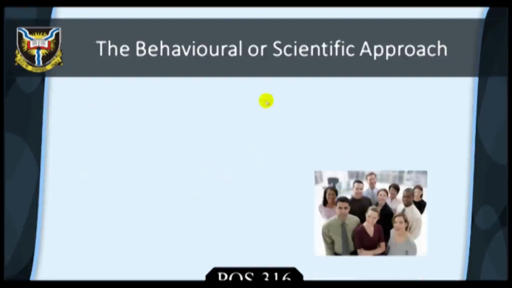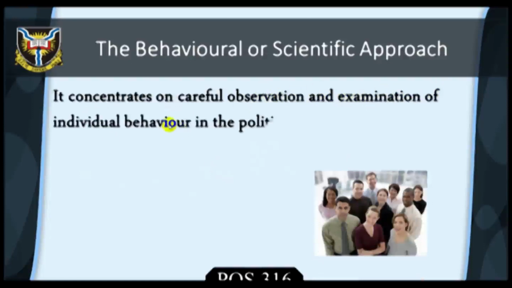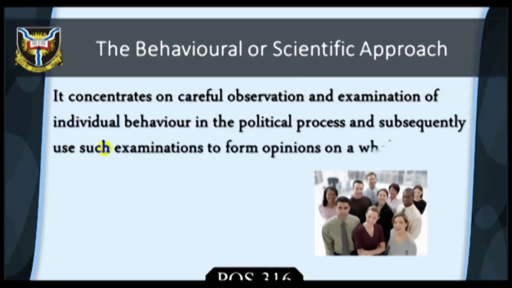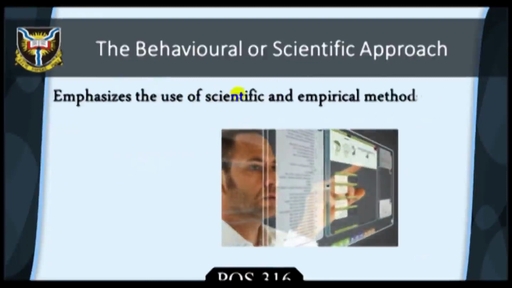The behavioralists, that is, proponents of the behavioral approach, emphasize and concentrate on careful observation and examination of individual behavior in the political process, and subsequently use such examination to form opinions on a whole group or institutions. In fact, this can be likened to what the natural scientists do in the laboratories when they observe animals or even human beings in experiments for effective diagnosis and treatment or prevention of ailments.